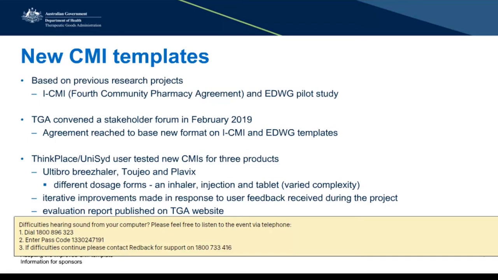So one of the first principles of this project was not to go back to first steps all over again and work from the ground up, but rather to take some of the work that had already been achieved in the past, some of the investment in time, energy, and also money into previous studies, and use those as a foundation to start with.